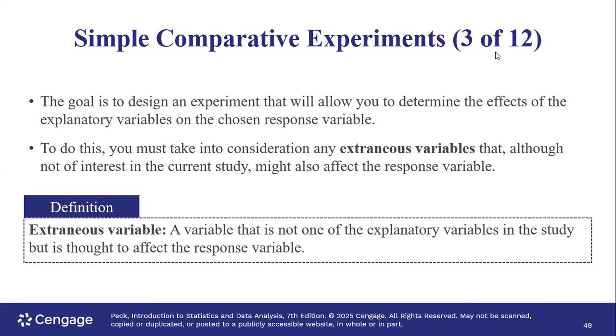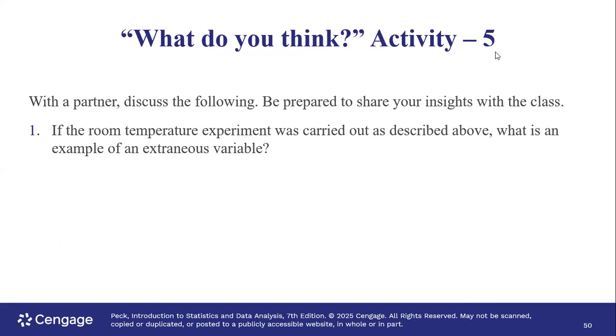For example, in the drug test, diet of the patient may be an extraneous variable. What type of diet is the patient taking? For example, okay. So that's an extraneous variable outside the scope of the experiment, but it will still affect the quality of the results.